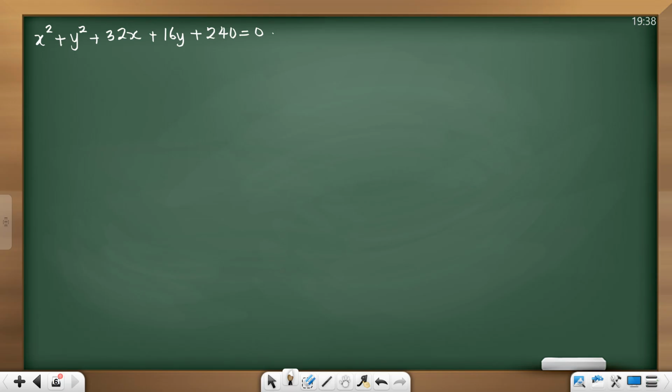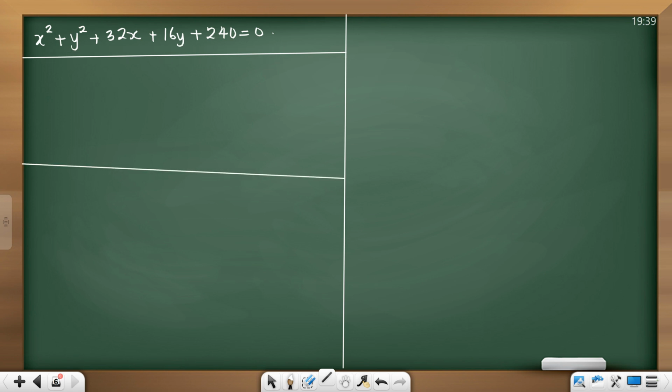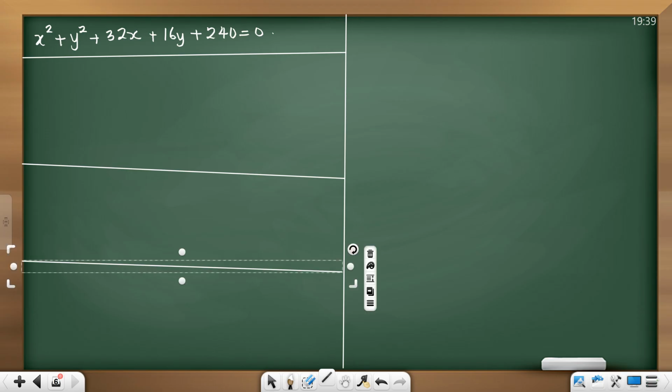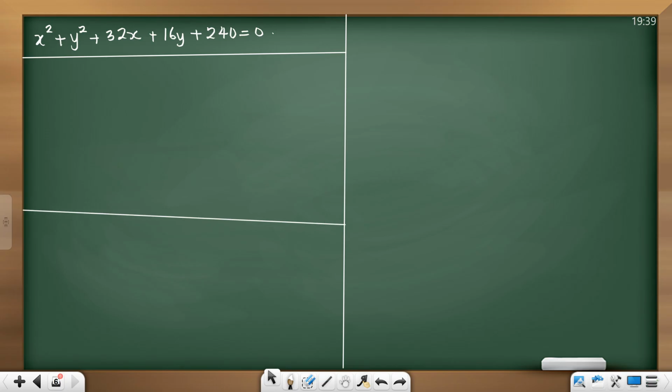Second method, coefficient. Third method, derive. Method 1, 2, and 3.